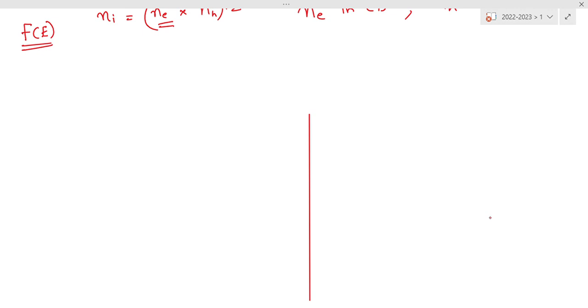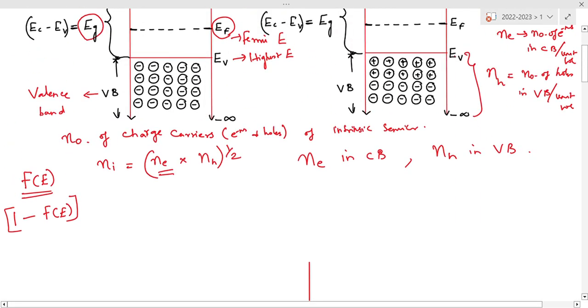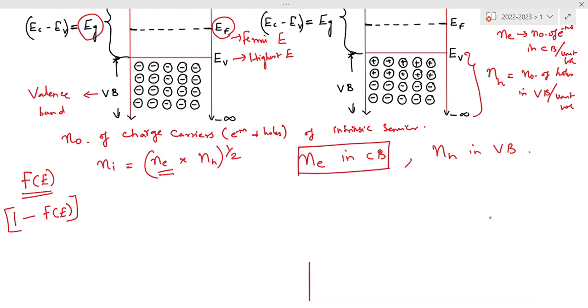And for holes, 1 minus f of E should be used. These are the prerequisites. So to find intrinsic carrier concentration, we need to determine number of electrons in the conduction band of the intrinsic semiconductor per unit volume, and we have to determine the expression for number of holes per unit volume of the intrinsic semiconductor in the valence band. Then Fermi distribution function of electrons occupancy is f of E and holes is 1 minus f of E.